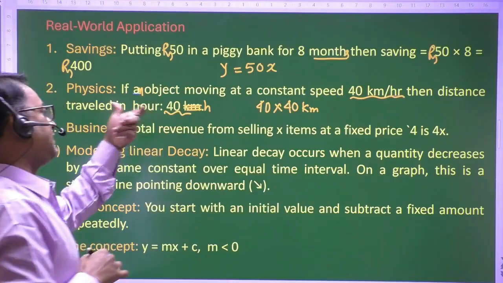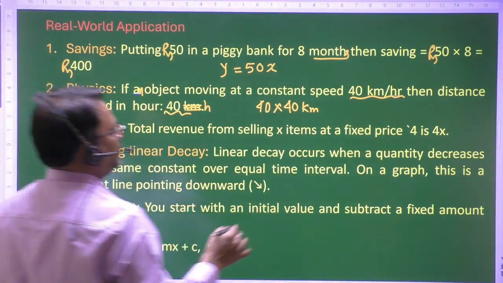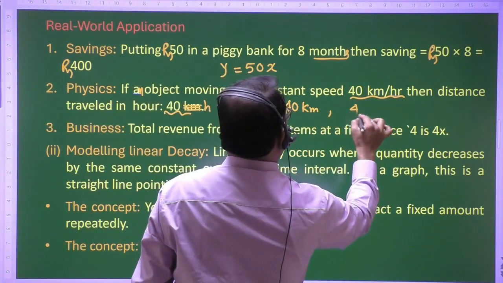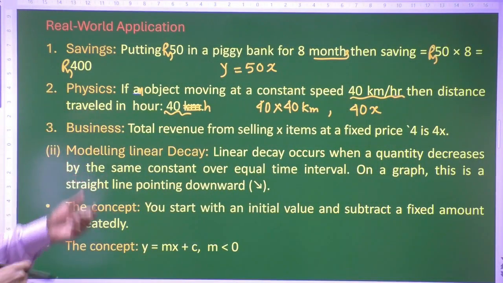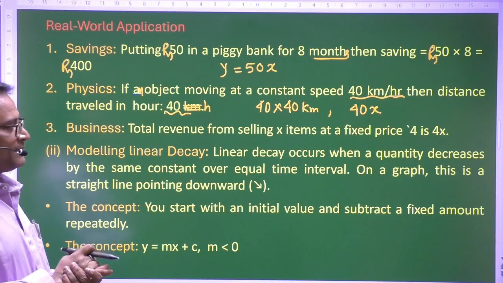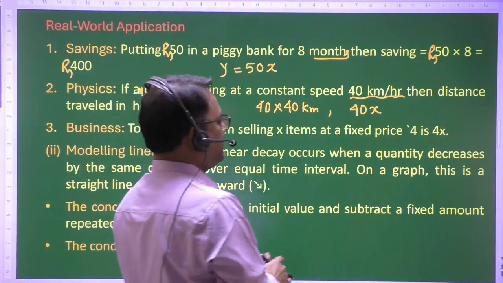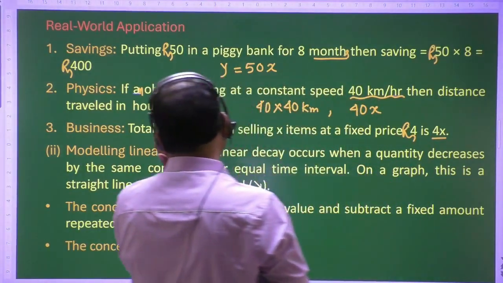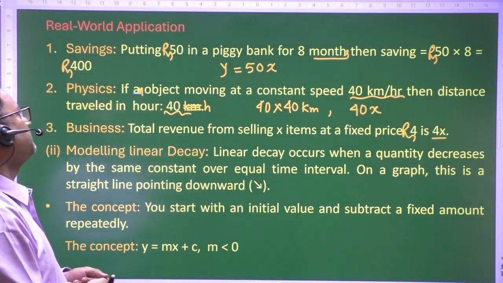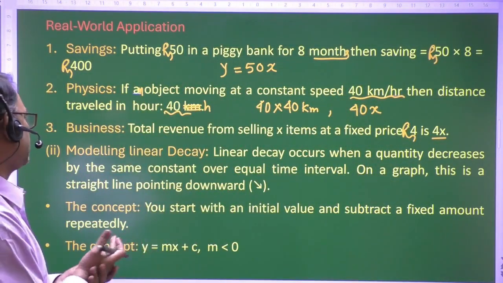And if you consider x hours, it will be 40 times x. Now, the total revenue from selling x items at a fixed price of 4 is 4 times x. So these are the examples of modeling linear growth.